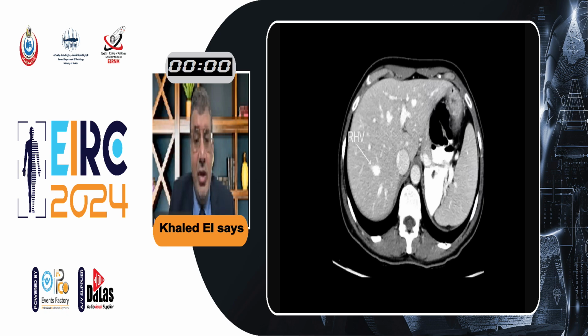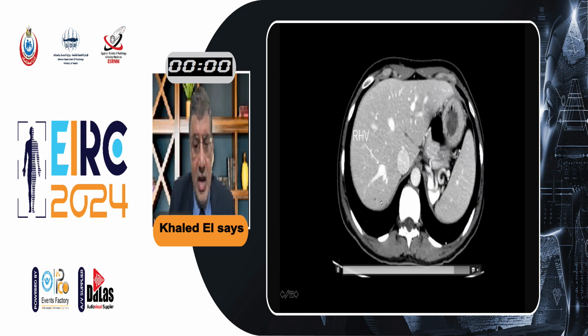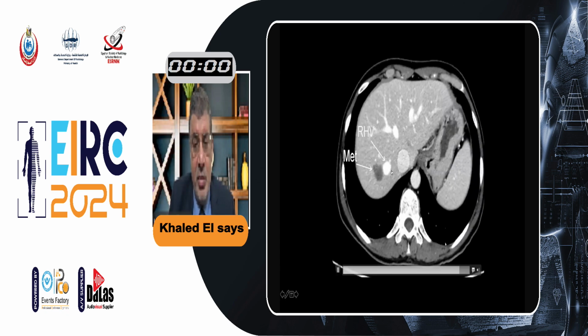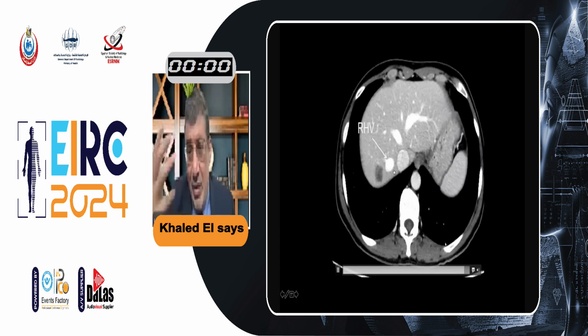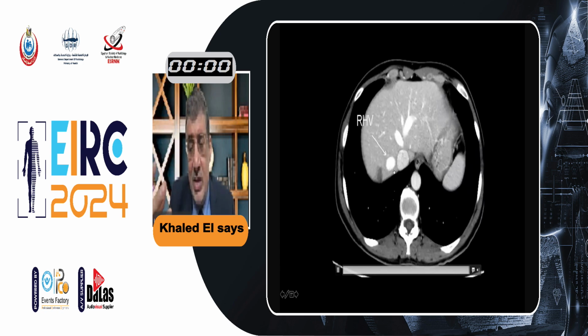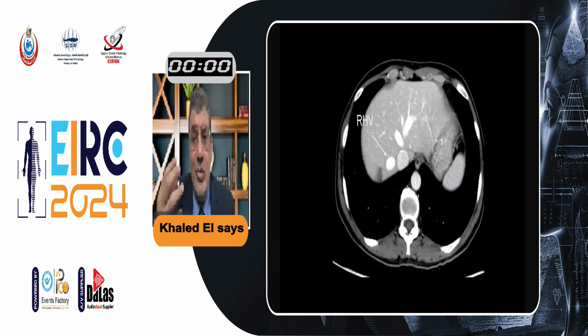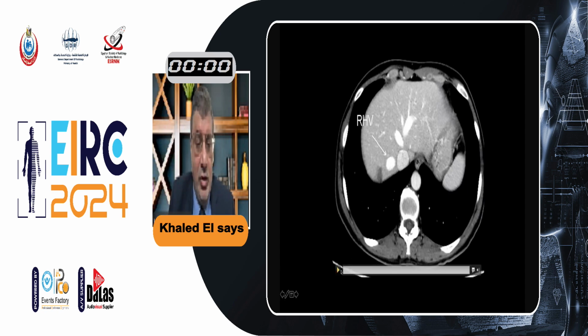So the surgeon would be happy to just take this out together with the adjacent right hepatic vein and leave out segment 6, because segment 6 would be drained by the right inferior hepatic vein. And that's why you need to mention this in your report: inferior hepatic vein and any variant.